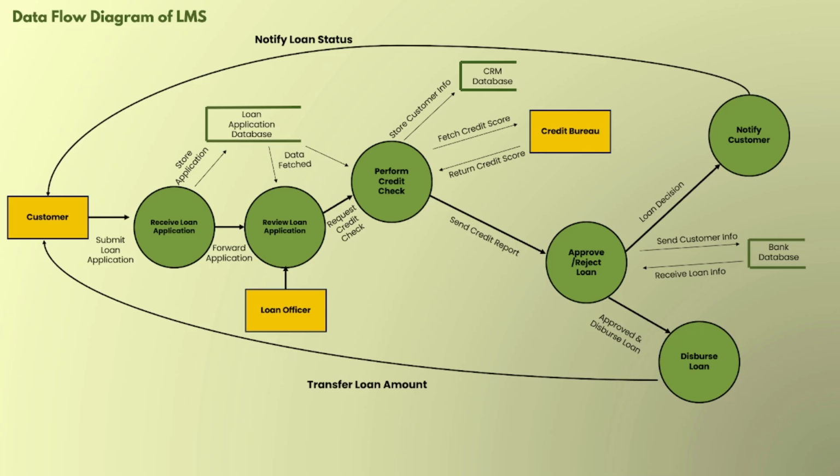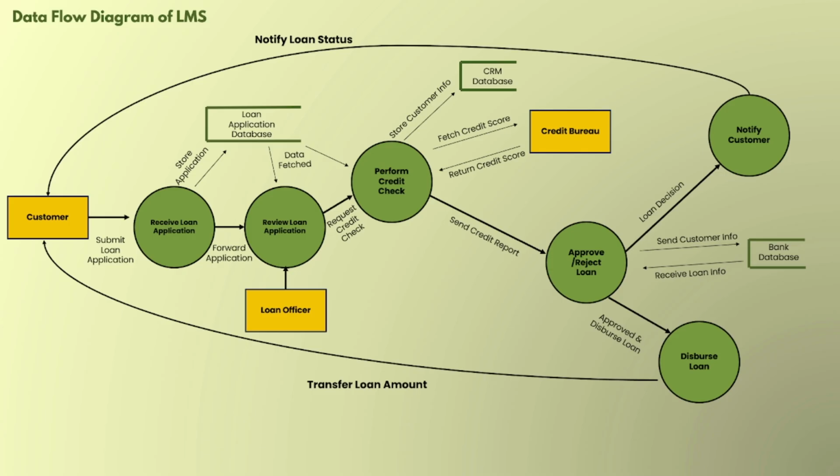So overall, in this particular data flow diagram, we have seen various databases where data is stored, and where data is fetched from those databases for various applications. We have also seen the various processes involved here, and the various external entities that interact with the processes as well.